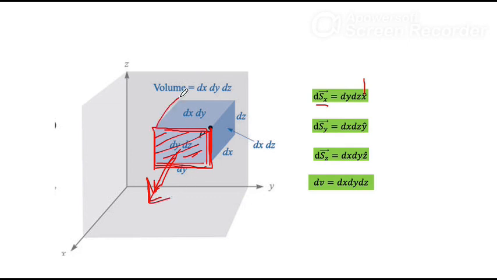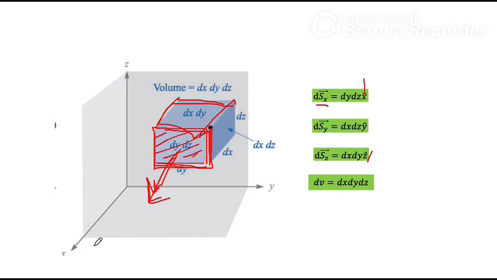Similarly, if I go dx, then I move dy along this one, I am going to get the area of this top surface or bottom surface. I will call this dsz, which is dx dy, and z is the direction. Of course I could have chosen the direction of x for the front surface to be inside, which would be opposite to the x direction. But we always use the surface area direction similar to the right hand rule.